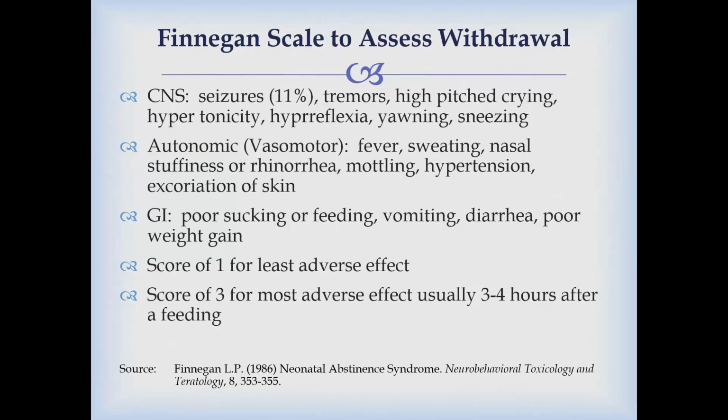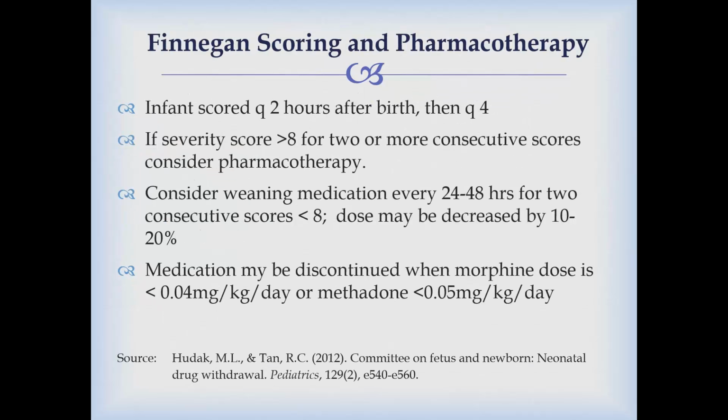It is recommended by Hudak and his beautiful article in Pediatrics in 2012, strongly recommended and endorsed by the American Academy of Pediatrics, that Finnegan scoring should start within 2 hours after birth for those infants that we are concerned with, and then thereafter every 4 hours. If this score is greater than 8 for 2 or more consecutive scores, one should consider pharmacotherapy.